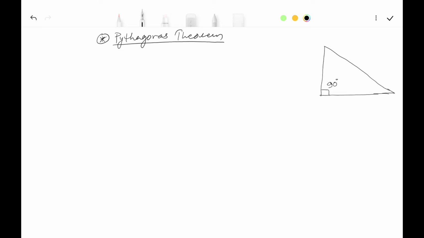If two angles of a triangle are 90, that means a triangle is not formed, because then these two lines are parallel and they never meet each other. If they never meet each other, they will not form a triangle. So a triangle can at most have only one angle of 90 degree.